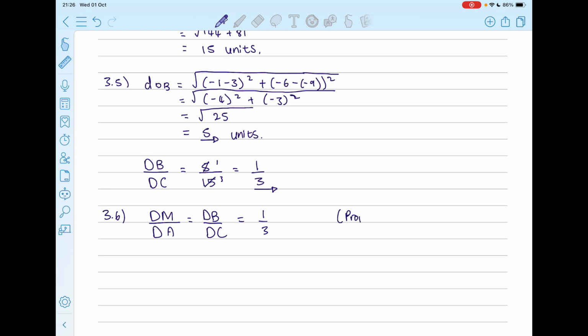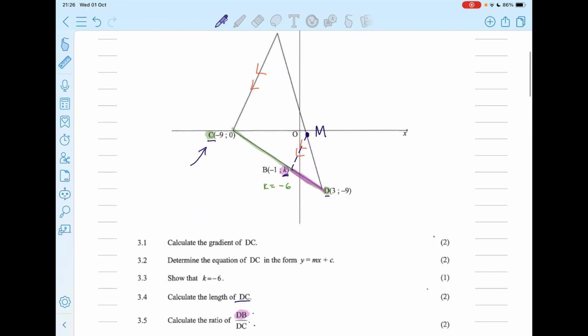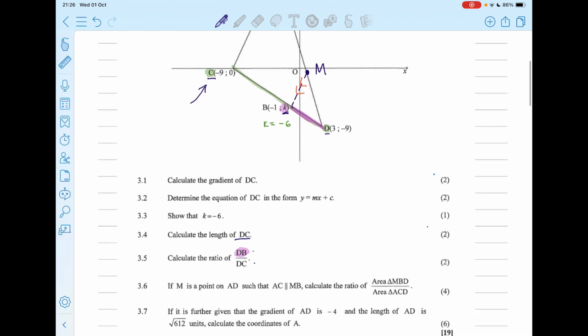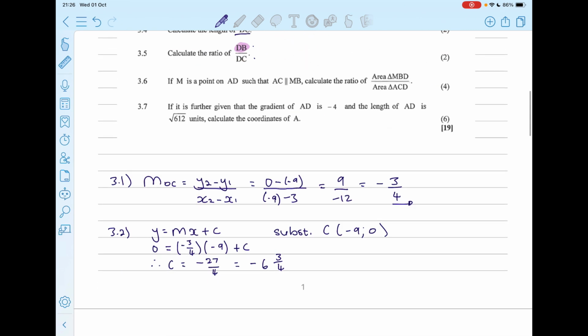And this comes from the proportionality theorem, because we know that AC is parallel to MB. According to the proportionality theorem, if the sides are proportional, the areas will also be proportional.